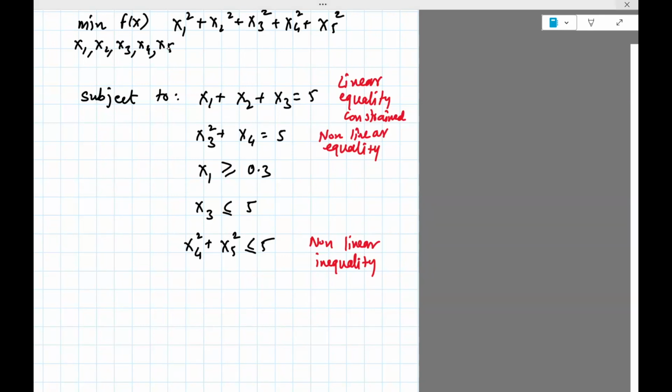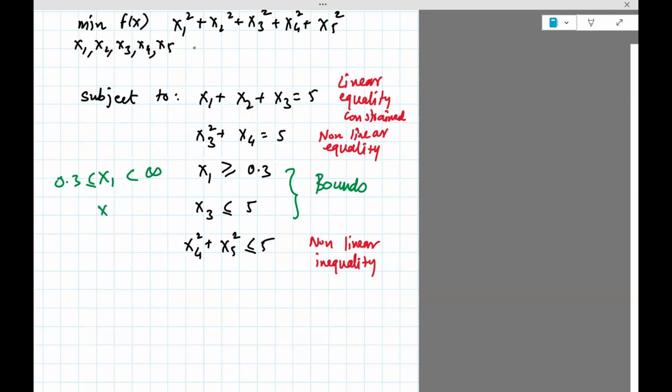But the better way to deal with these is to treat them as bounds. So it's saying that x1 takes a value from 0.3 to infinity, so it's positive and greater than 0.3.